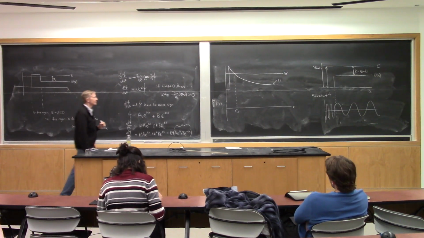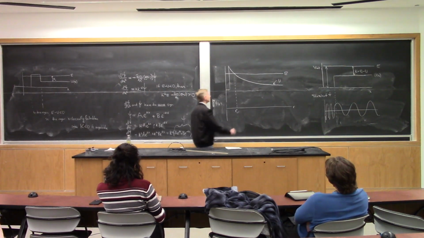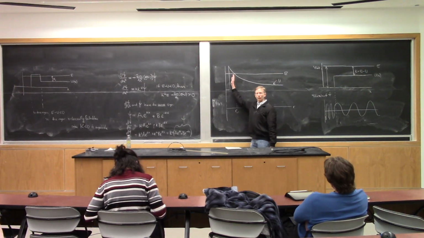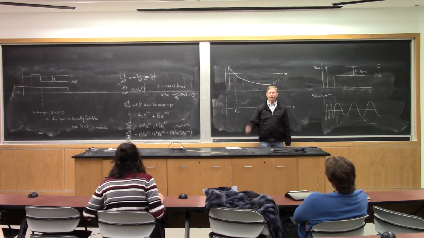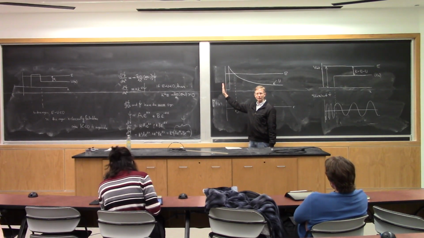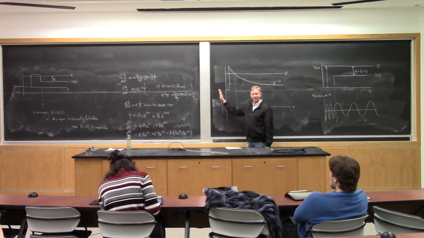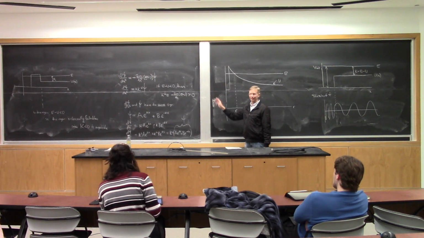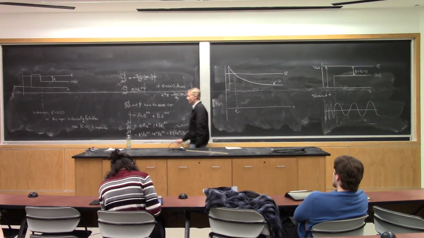In other words, classically, the particle can't be here at all. But quantum mechanically, you just switch to an exponential wave function. And in general, it will be decaying. The probability will get smaller and smaller as you go, but it doesn't reach zero. And this is the key to tunneling.